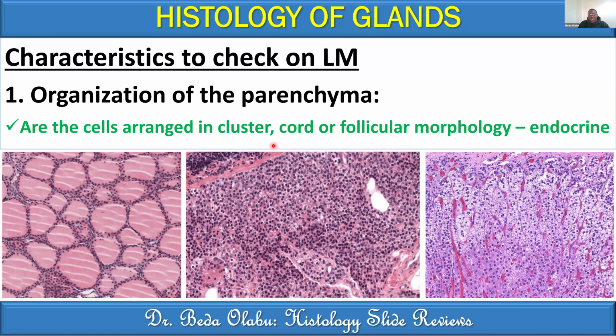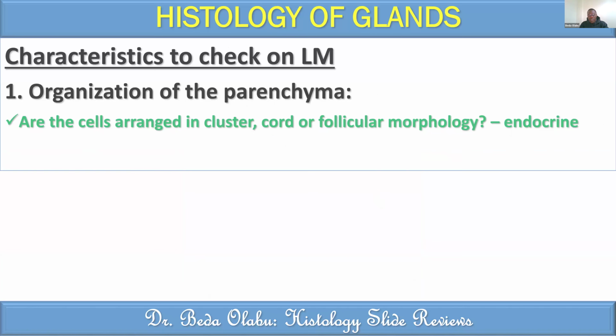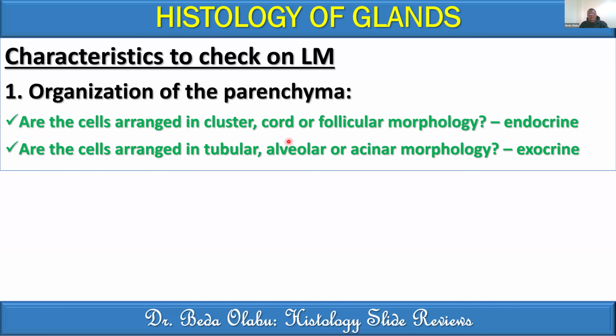Now, what's the situation if it is exocrine? For exocrine glands, the parenchyma tends to be arranged in a different way. They could either be tubular arrangements, or an alveolar arrangement, or a sinus arrangement.